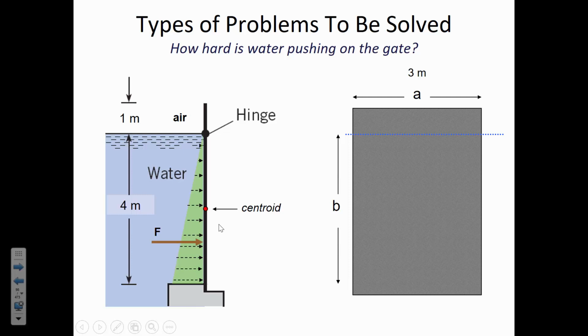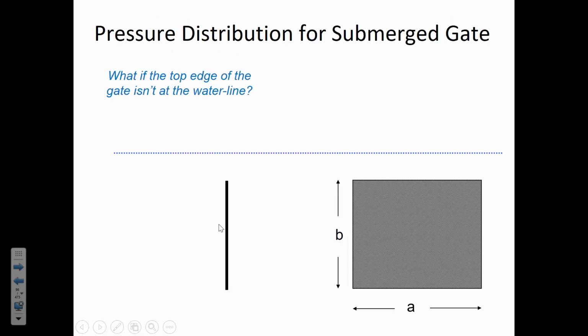It's 2/3 from the top and 1/3 from the bottom to that centroid. So the location of the force was 2/3 of the way down because of that effect of the force being located at the center of pressure.